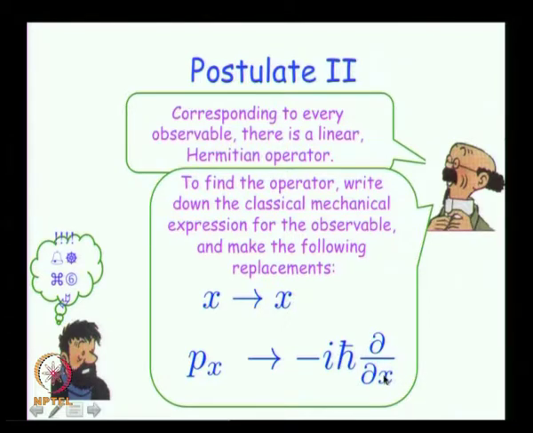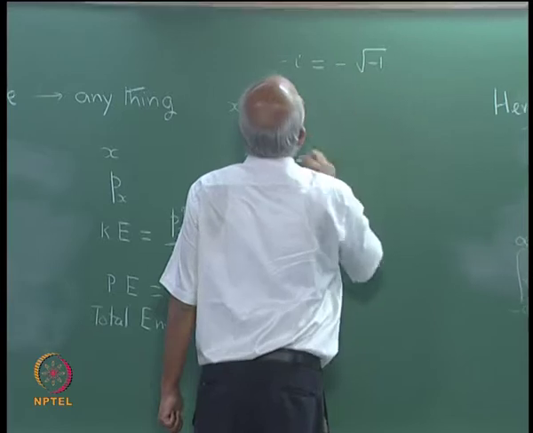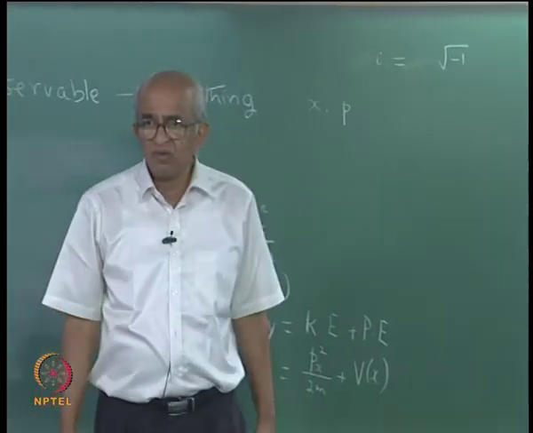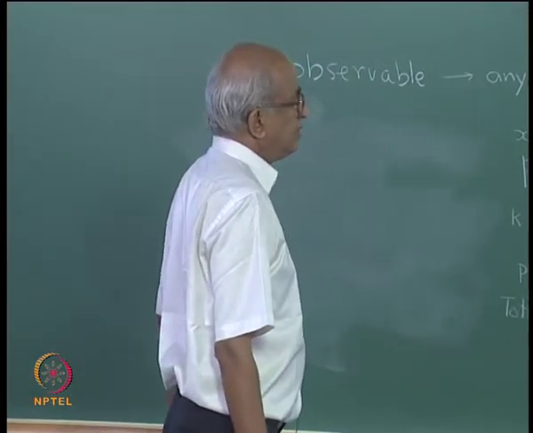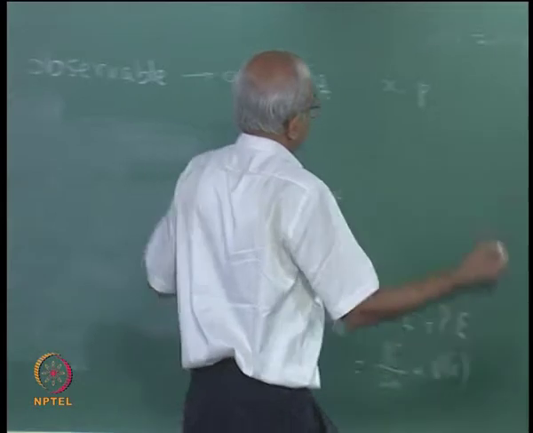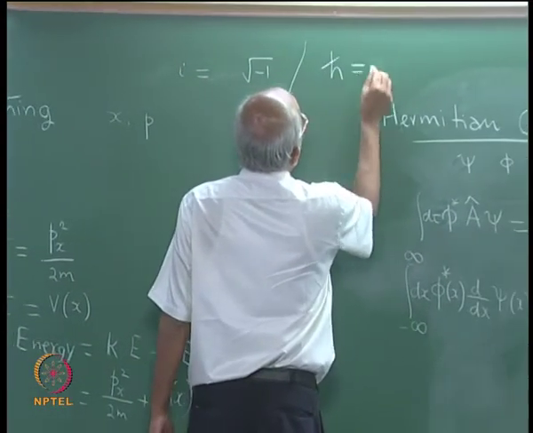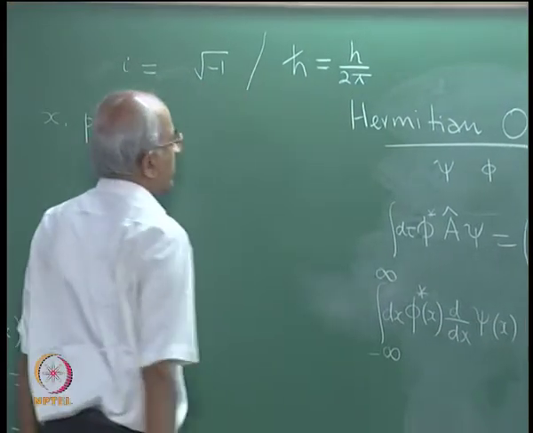Here i is the square root of minus 1. And h cross, let me just remind you, I am sure you are all familiar with it, is equal to h divided by 2 pi, where h is the Planck's constant.